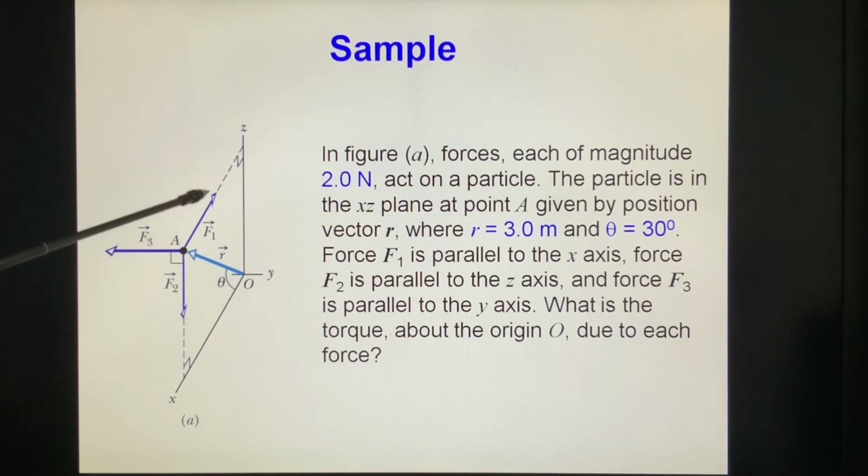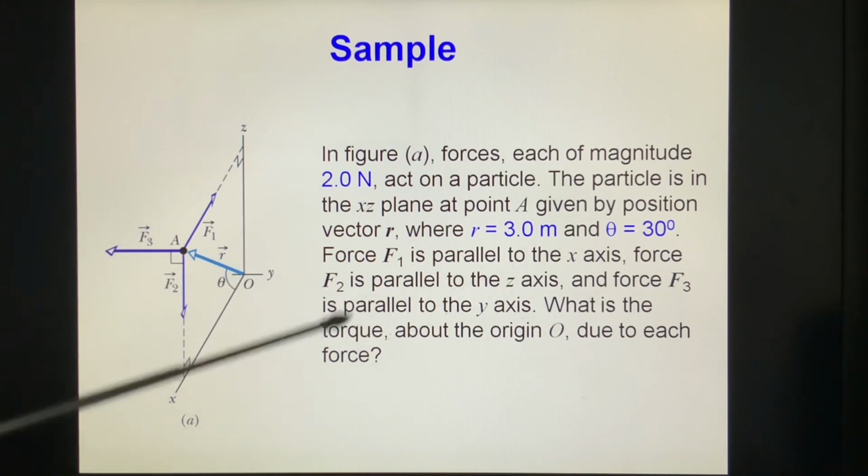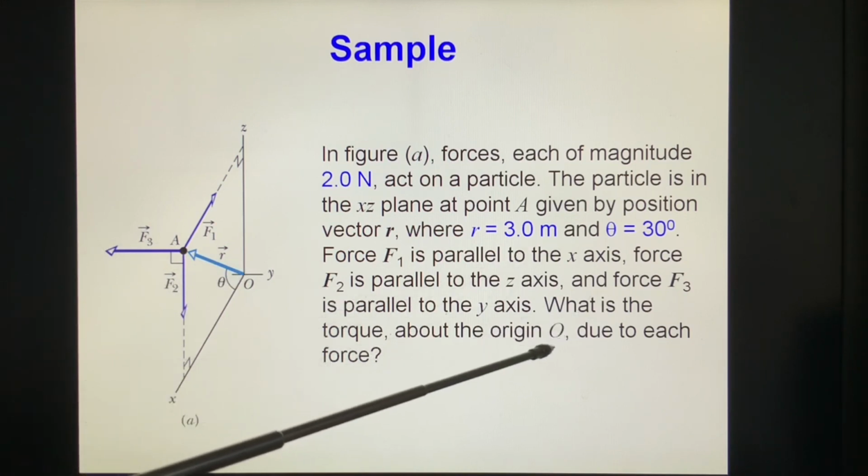Force F1 is parallel to the x-axis. Force F2 is parallel to the z-axis. And force F3 is parallel to the y-axis, toward the negative direction. What is the torque about the origin O due to each force?